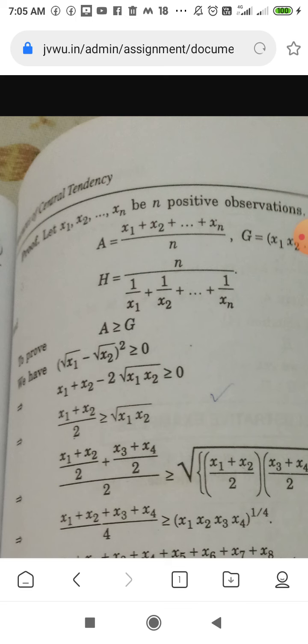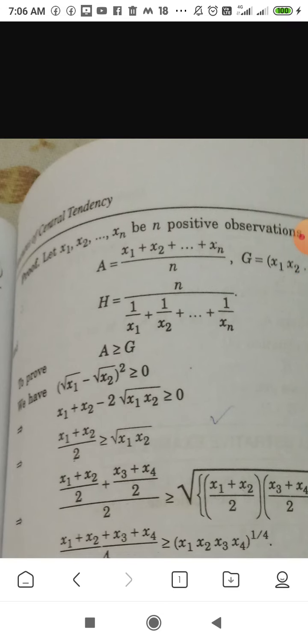For this we have taken the value under root x1 minus under root x2, whole square. The whole square of any number is always positive. If it is positive, then it is greater than or equal to 0. So any number you can take as a whole square. So root x1 minus root x2 whole square is greater than or equal to 0.